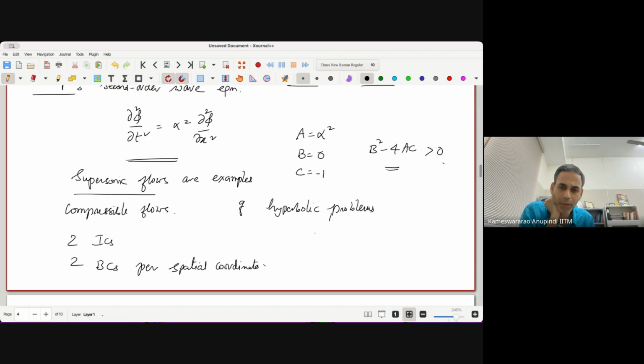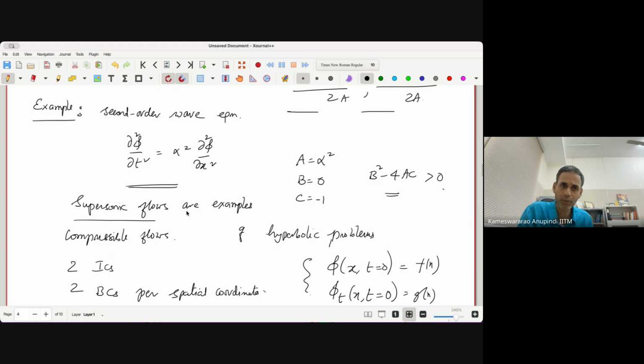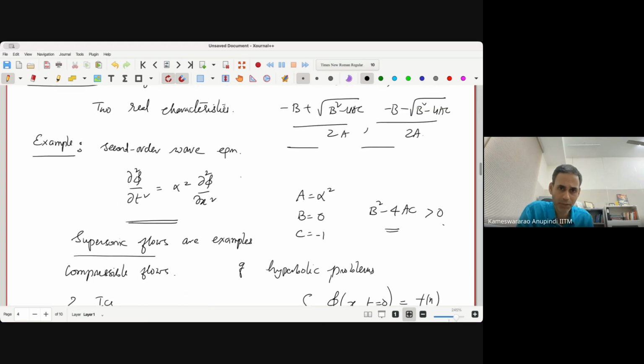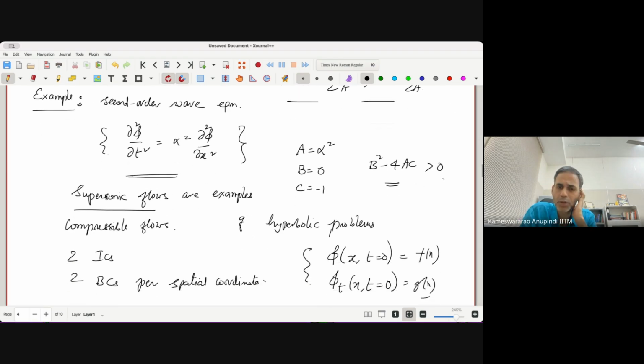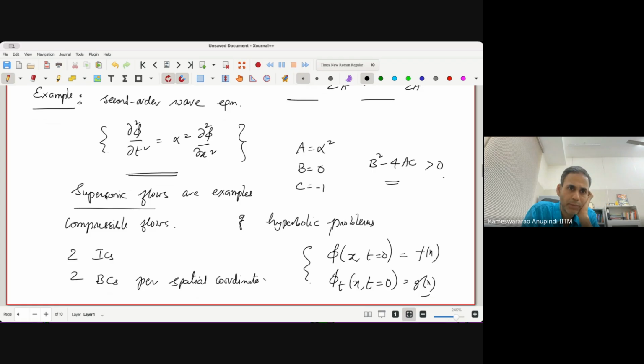Okay, that means somebody can specify phi of x comma t at t equal to 0 as some f of x, and then they can also specify the first derivative of phi with respect to t at initial time t equal to 0 as g of x. So with these initial conditions and the specification of boundary conditions, one will be able to solve these equations. Okay, the hyperbolic problem. We are not going to look at much of hyperbolic problems in this course.